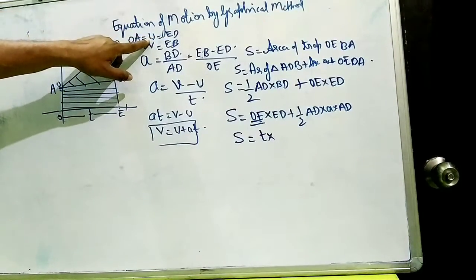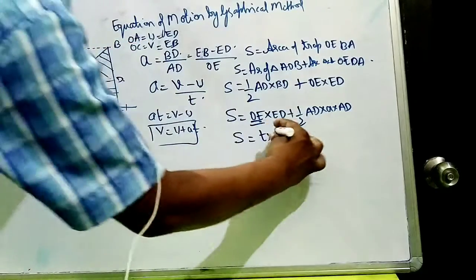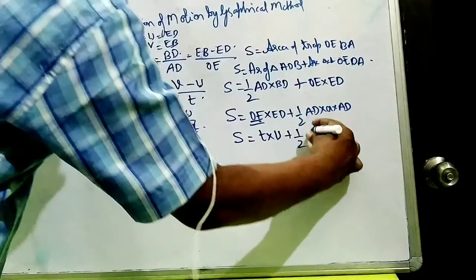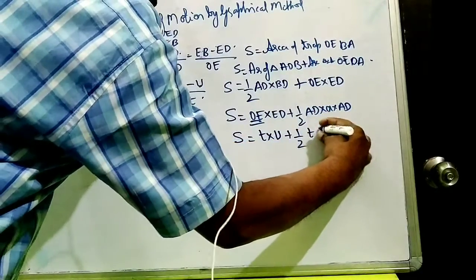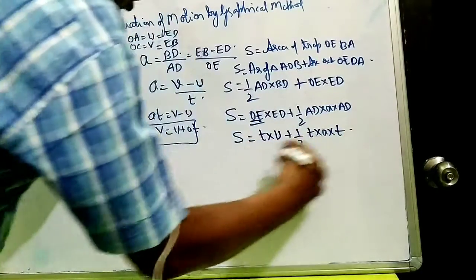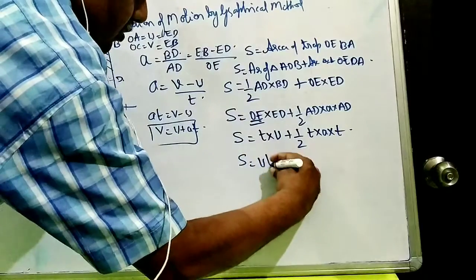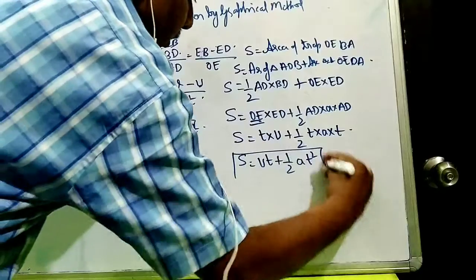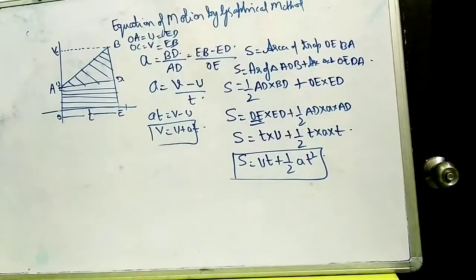ED is equal to U. It is half. What is AD? It is OE. T into A into T. So what is S? S is equal to UT plus half AT square. This is the second equation of motion. Is this clear? Any problem in this?